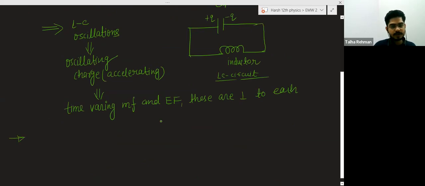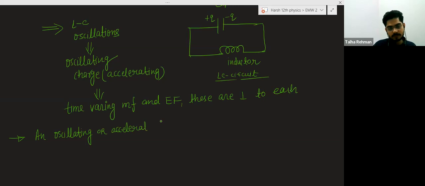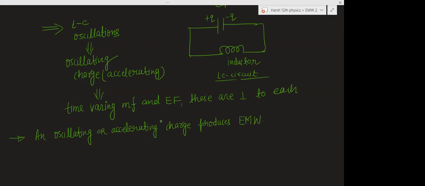So you can write, an oscillating or accelerating charge produces EMW, electromagnetic wave.